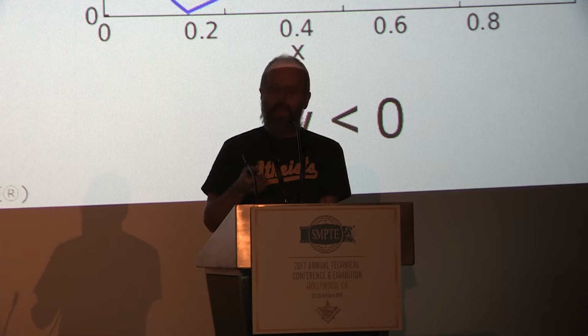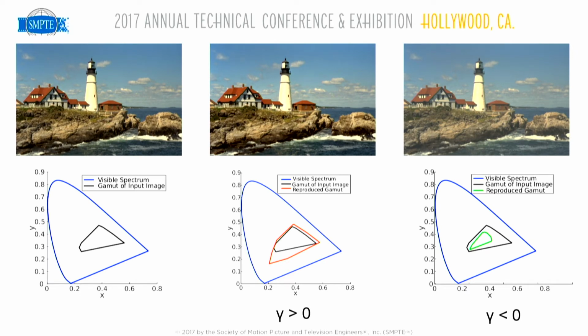If you apply this equation to the image on the left, with gamma positive, then you get the result in the middle column. And you can see that the contrast is enhanced, but also that the gamut has been extended.